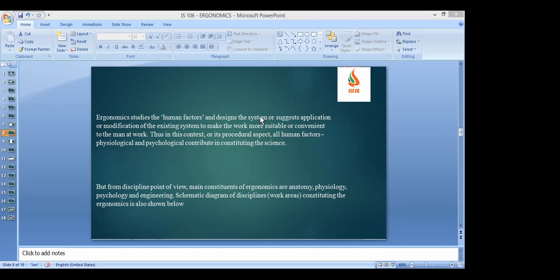In case of any old systems, they can also do a modification to make the work more suitable or convenient to the man at work. So if it is a new design, they will consider all these factors.